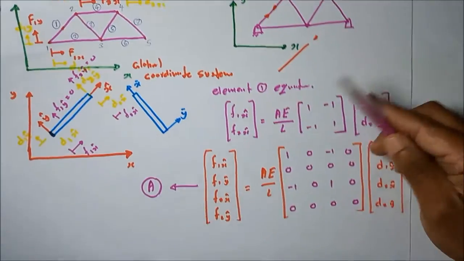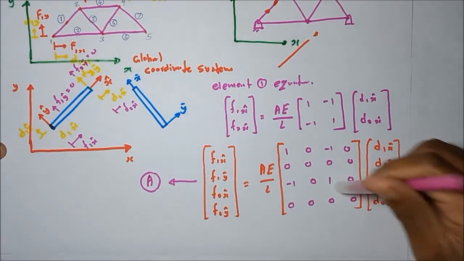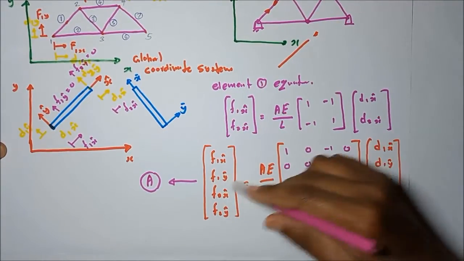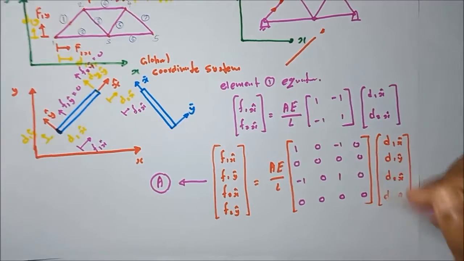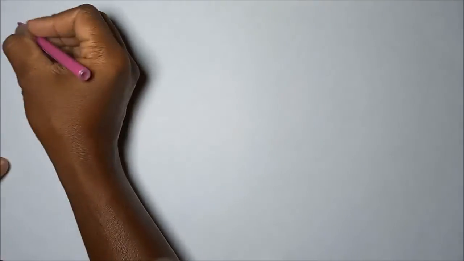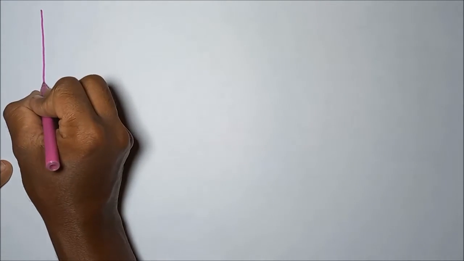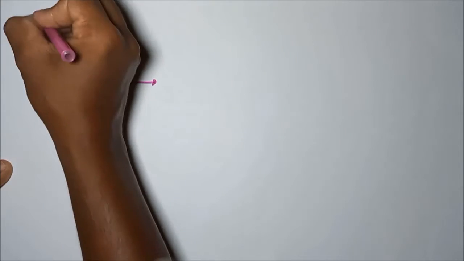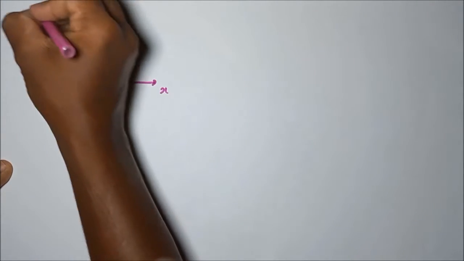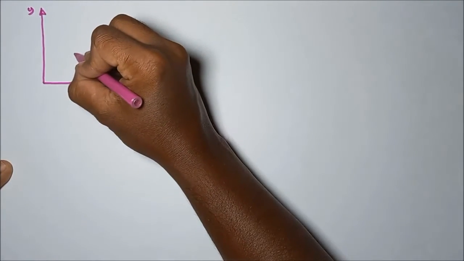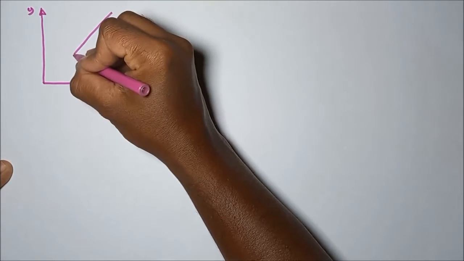Here we obtained the element equation with reference to the local coordinate system. Then what we want is, let me draw element 1 again, the global coordinate system with element 1.